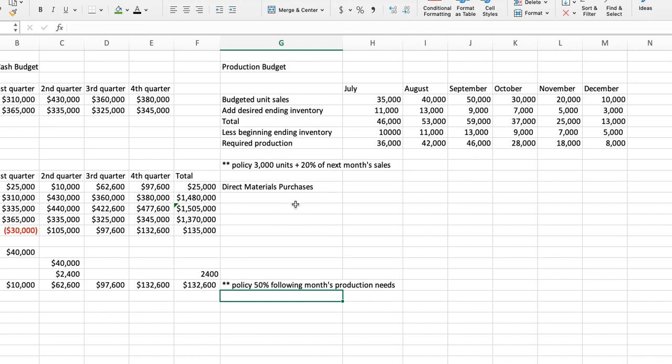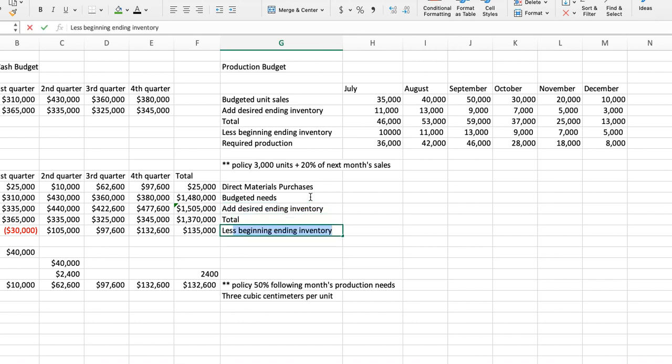And so in order to produce one of these units up here, this direct materials that we're looking for, we need 3 cubic centimeters per unit. So that's really important. So again, we have our budgeted needs.